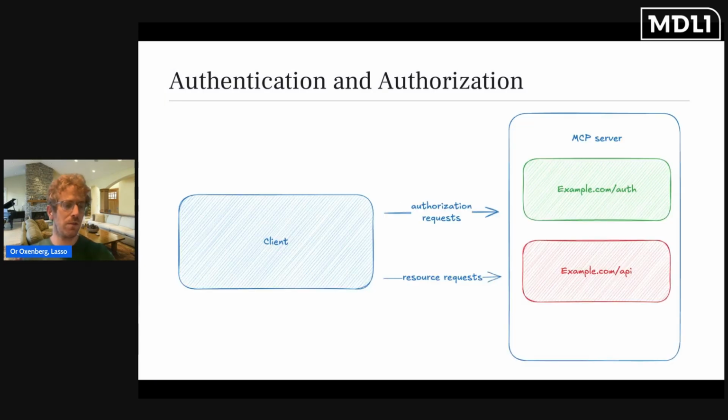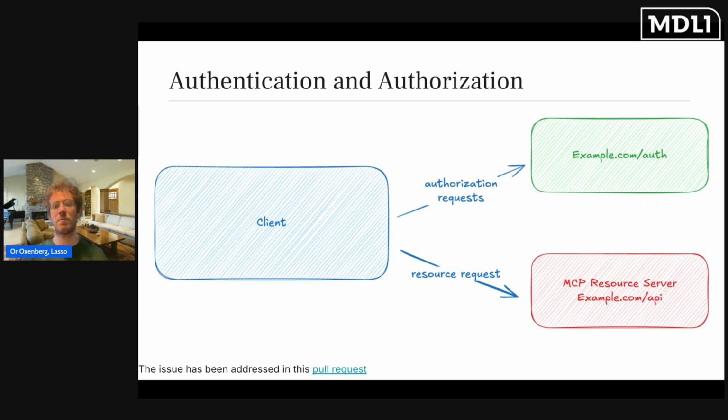Today, most servers implement the auth and the resources in the same MCP server, so the authorization request and the resource request happen on the same server. This is not anyone's fault, but the MCP protocol worked like this until three months ago. This has been changed in a pull request.